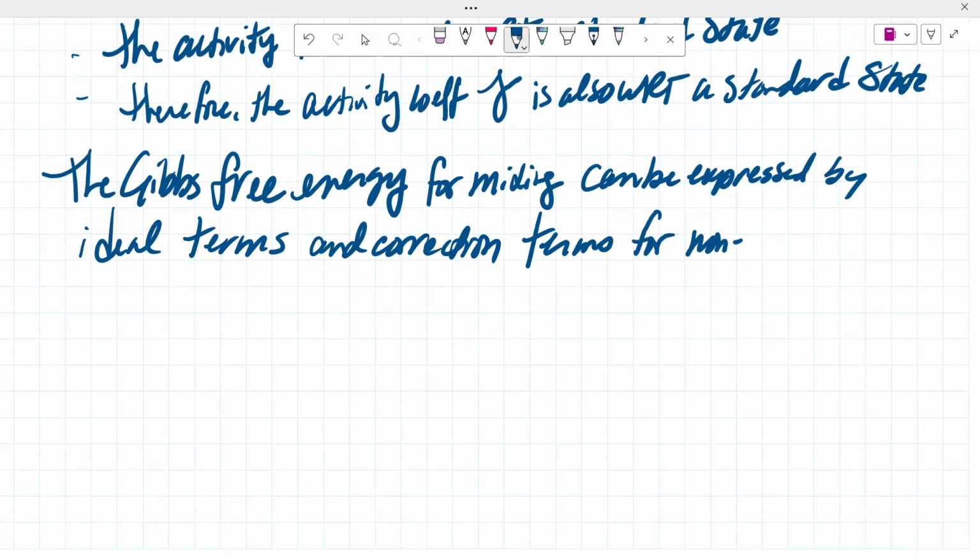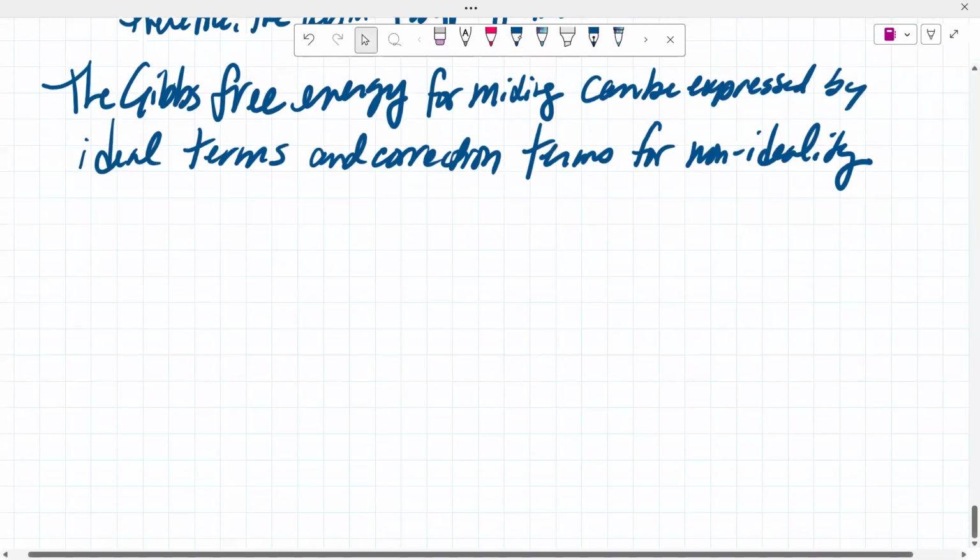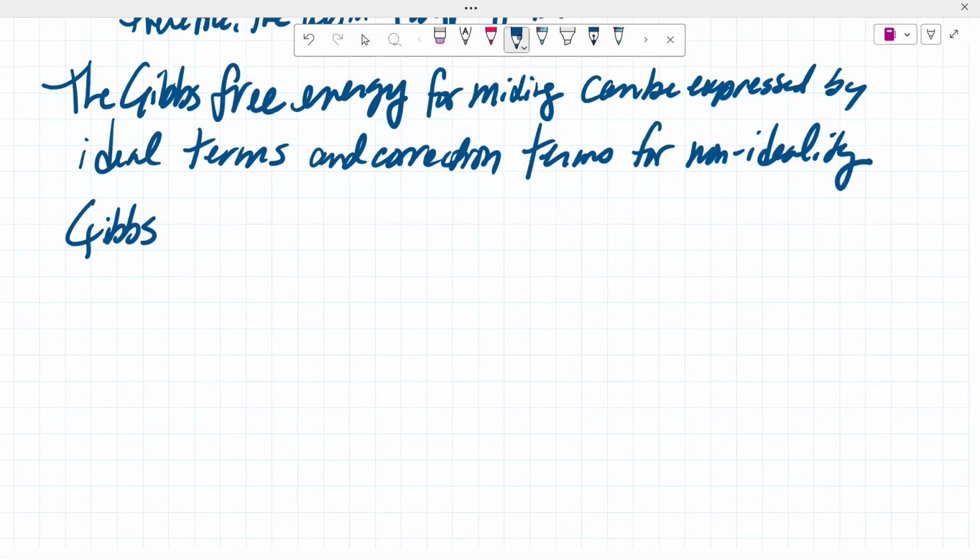All right, so let's write the equation. This is called the Gibbs molar energy of mixing.